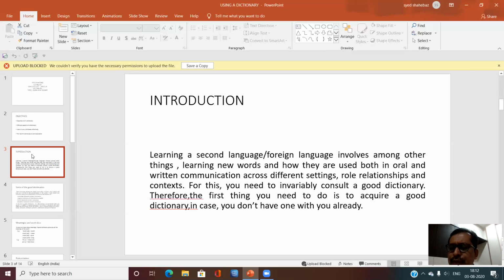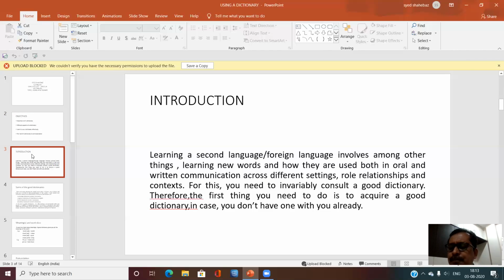How we are going to use these words, role relationships, social interactions, use these words specifically.